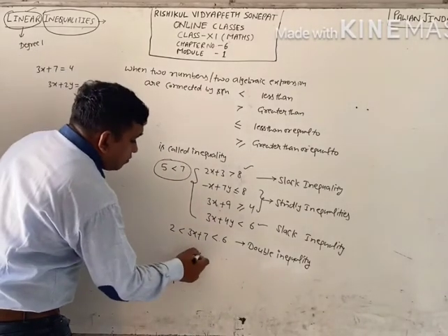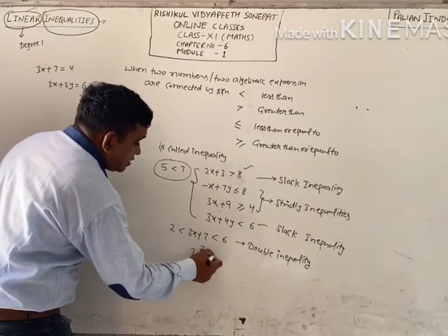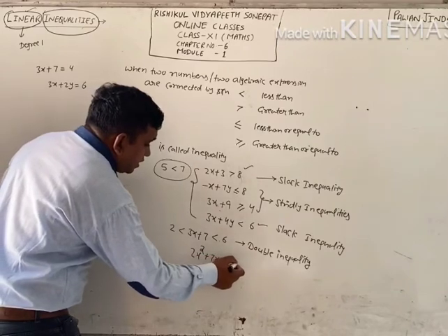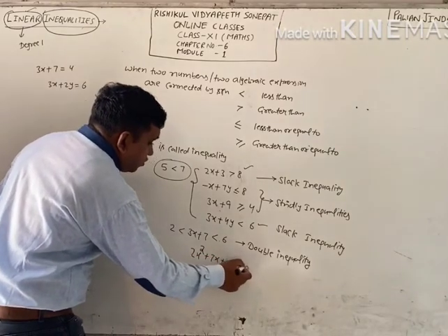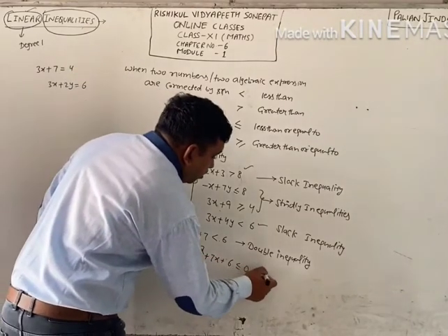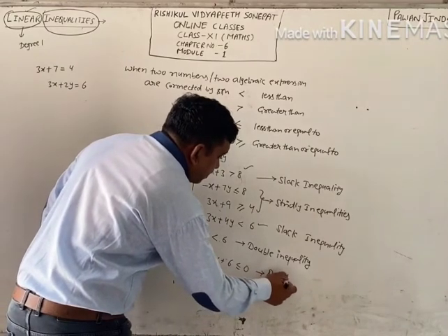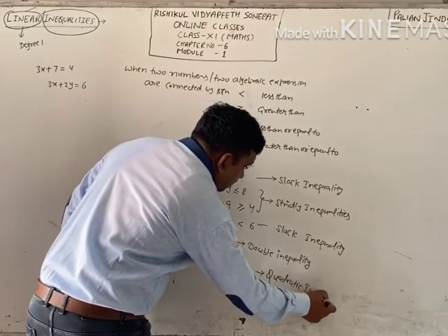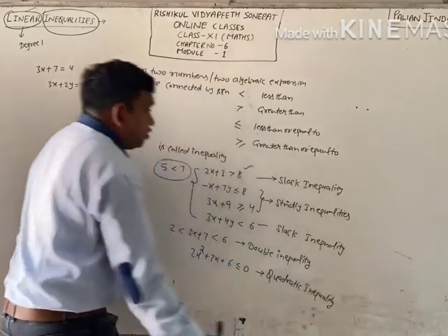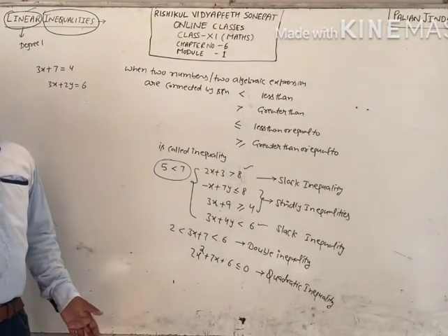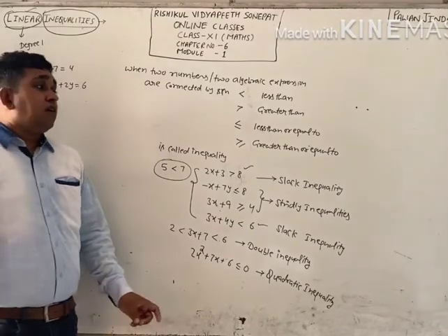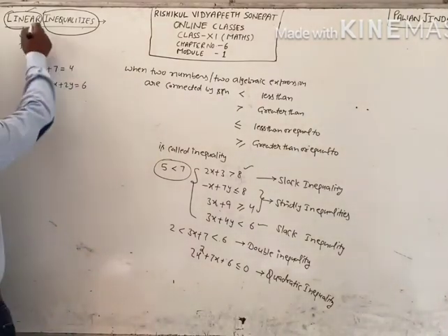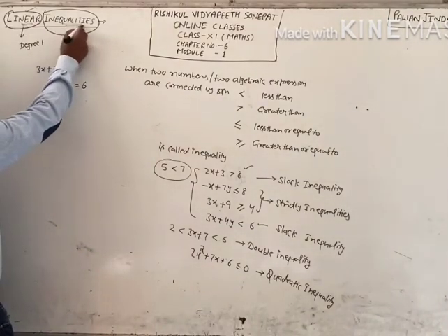2x square plus 7x plus 6 less than equal to 0. This is called your quadratic inequality. All these are your examples of inequality. But in this chapter, we will study only linear inequalities.